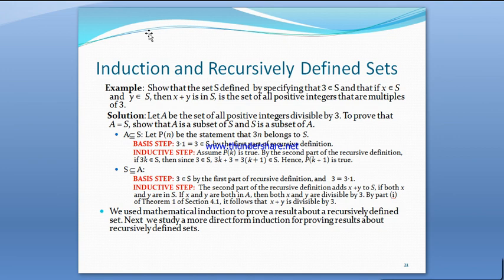In the inductive step, assuming P(k) is true, by the second part of the recursive definition, if 3k belongs to S, then since 3 belongs to S, 3k plus 3 belongs to S. So P(k+1) is true. So we say that A is contained in S. Similarly, it can be proved that S is contained in A by proving the corresponding basis and inductive steps. We used mathematical induction to prove the results above for a recursively defined set.